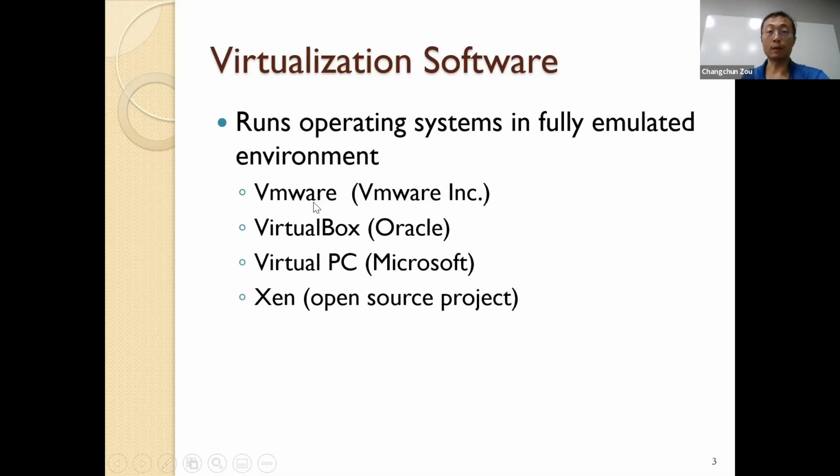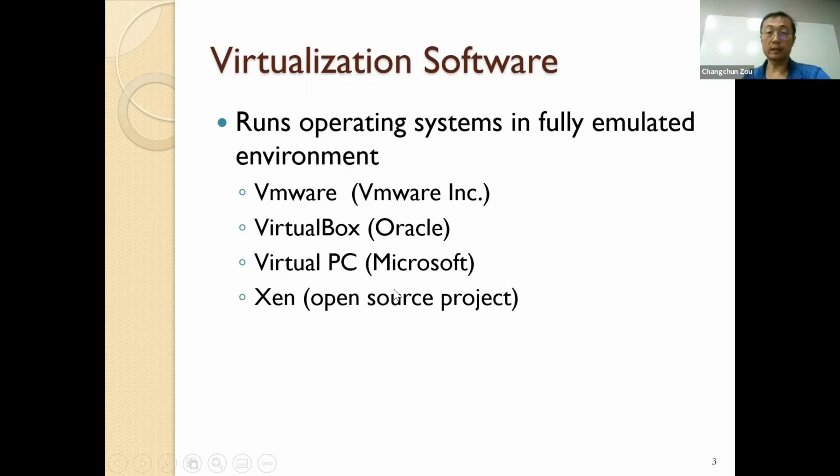If you want to set up a large virtualization environment, then you probably need to use VMware software. And Microsoft has Virtual PC, which is not widely used. And Xen is an open source project. Even though VirtualBox is free software, it is not open source, so you don't know the source code. Oracle keeps the source code to themselves.